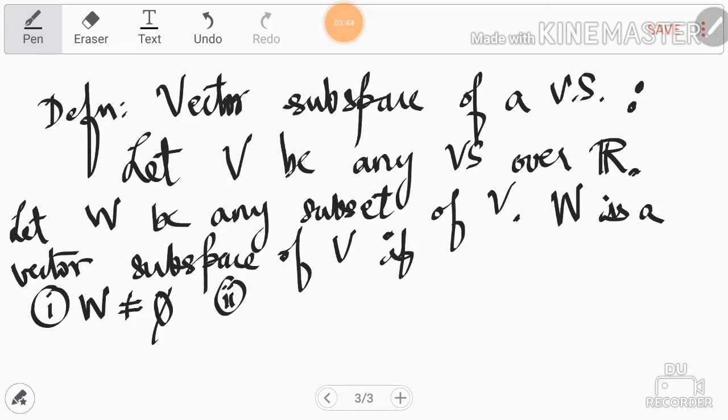Property number 2 is that this W should be closed under vector addition. What would that mean?